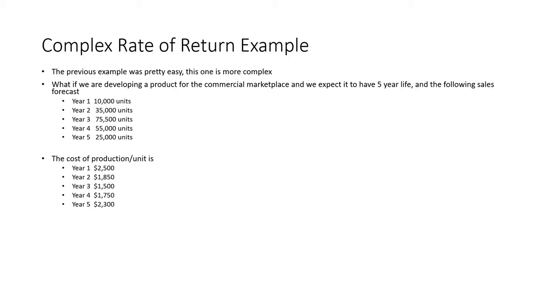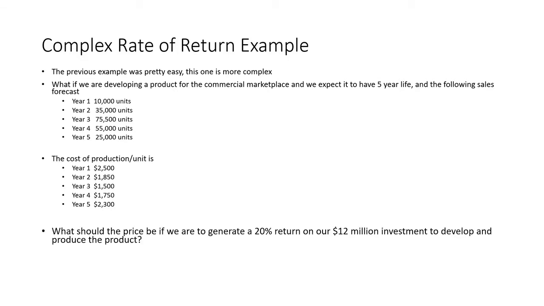In year 3, where we have the maximum number of sales, the cost to produce is down to $1,500, and then as volume declines, the cost to produce starts to go back up. And so given that kind of data, what price would we put on the product such that we could generate a 20% return on a $12 million investment to develop and produce that product?